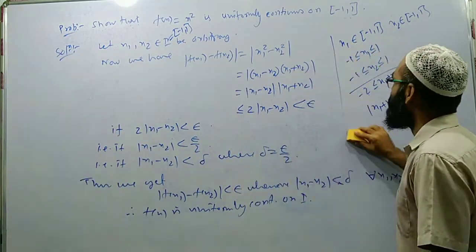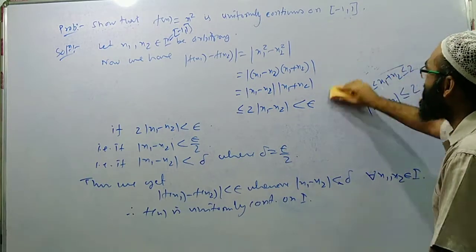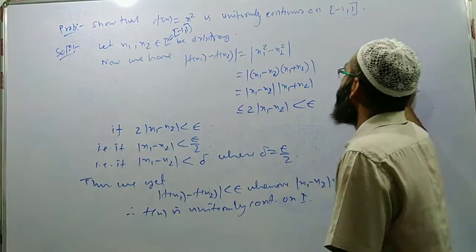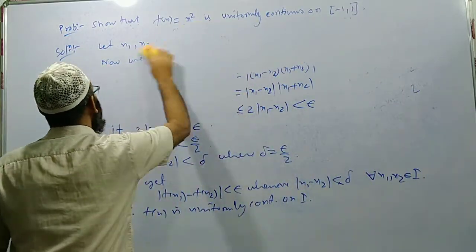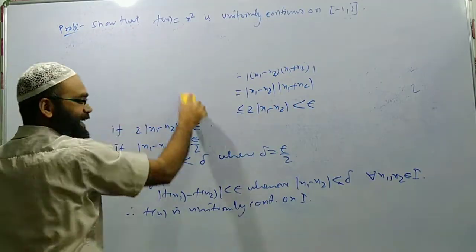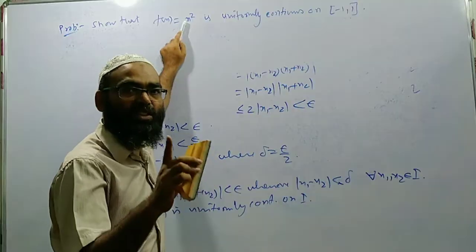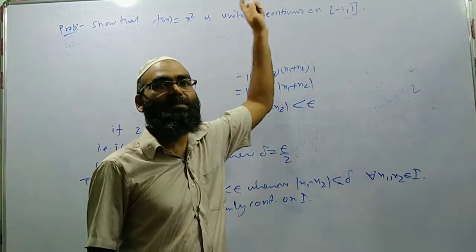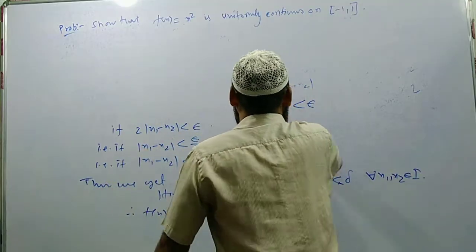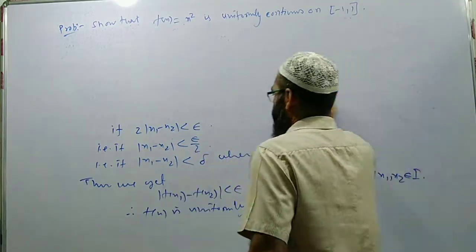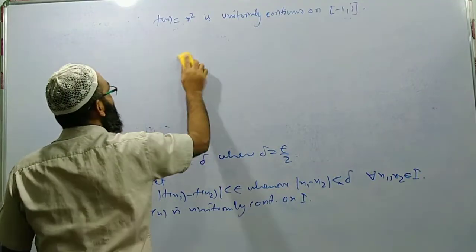So this function f(x) equal to x square is uniformly continuous on this closed interval minus 1 to 1, but later we shall prove that this function is not uniformly continuous on the set of real numbers R. So note it.